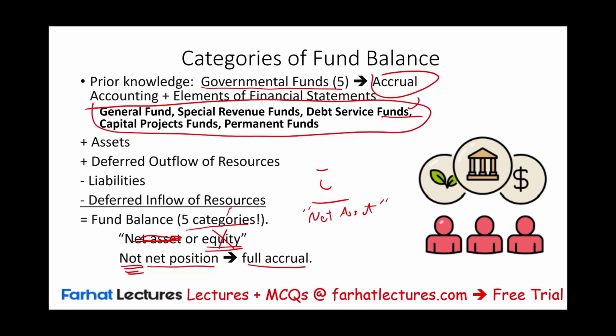For modified accrual, we use fund balance. If we are using full accrual, like for proprietary funds, internal service funds, or for government-wide financial statements, we use the term net position. Let's go ahead and take a look at the categories of fund balance.